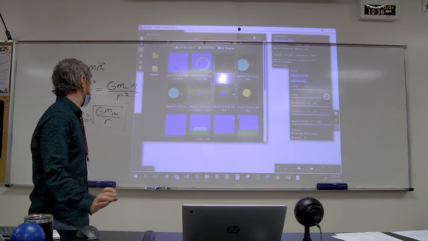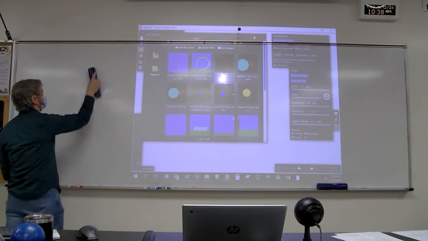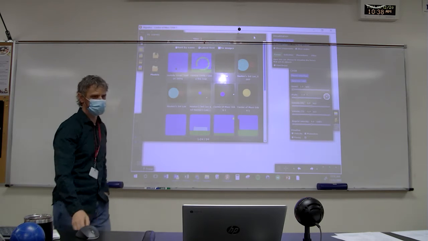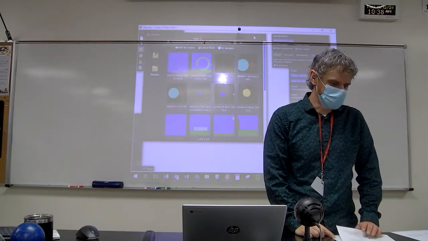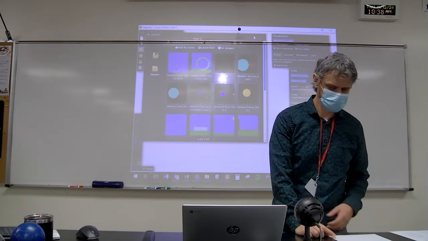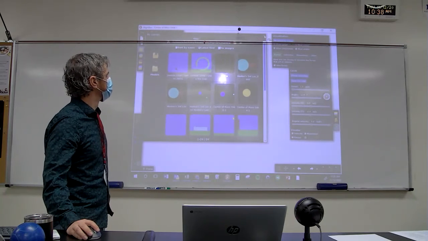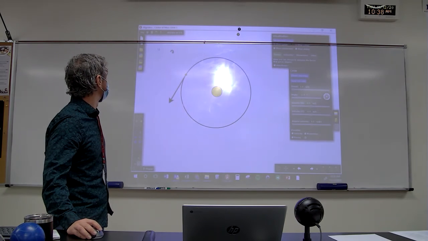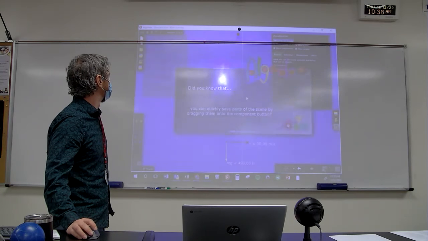Not as fast as Superman. 2,600 feet per second. How many miles per hour is that? 1,800 miles per hour. How many meters per second is that? That's a lot, at least 3.